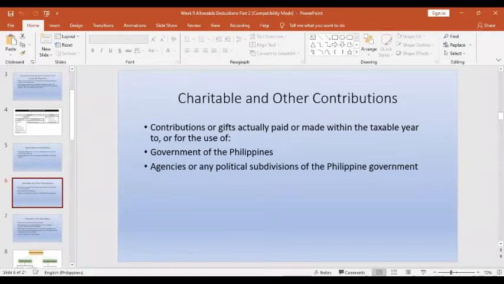Because if the taxpayer is donating objects or properties to their immediate family or friends, that is subject to donor's tax.